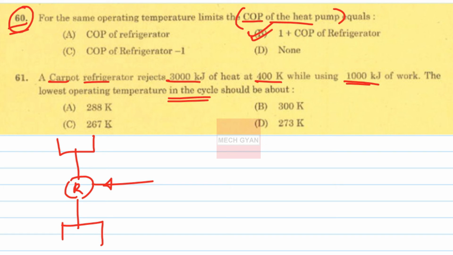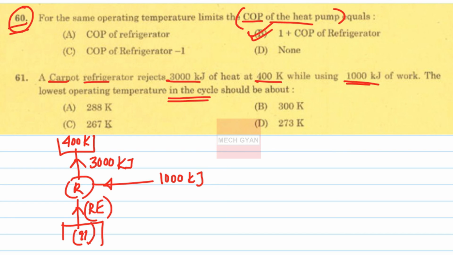The Carnot refrigerator rejects 3000 kilojoules of heat at 400 Kelvin, while using 1000 kilojoules of work. Lowest operating temperature is this temperature. Let this be the refrigerator. This is basically the refrigerating effect.